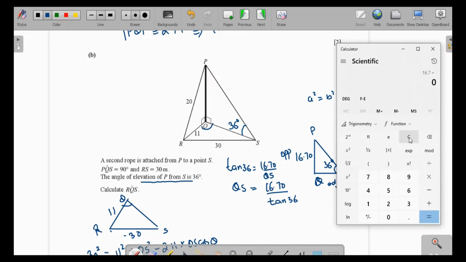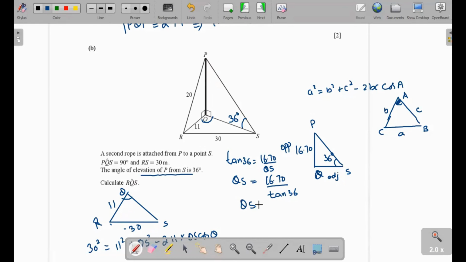Now that value will be equal to 22.98, and to 2 significant figures that is equal to 23.